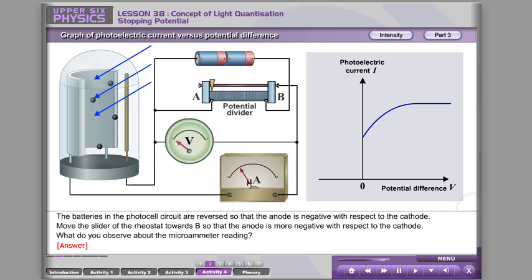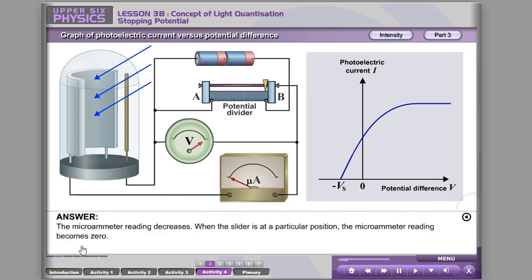What do you observe about the microammeter reading? Answer: the microammeter reading decreases. When the slider is at a particular position, the microammeter reading becomes 0.